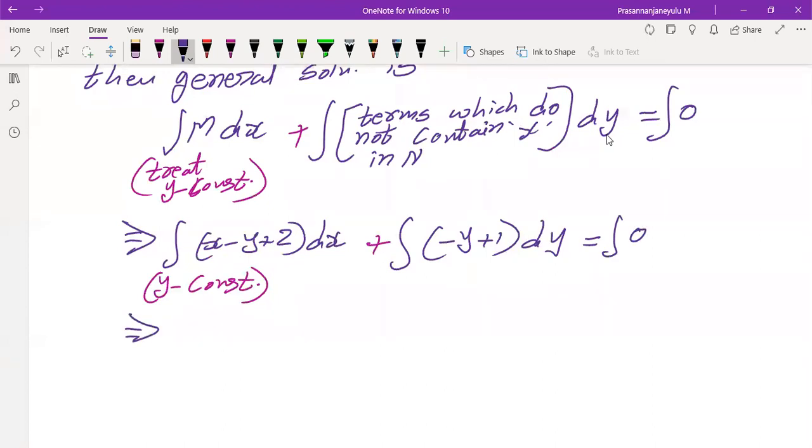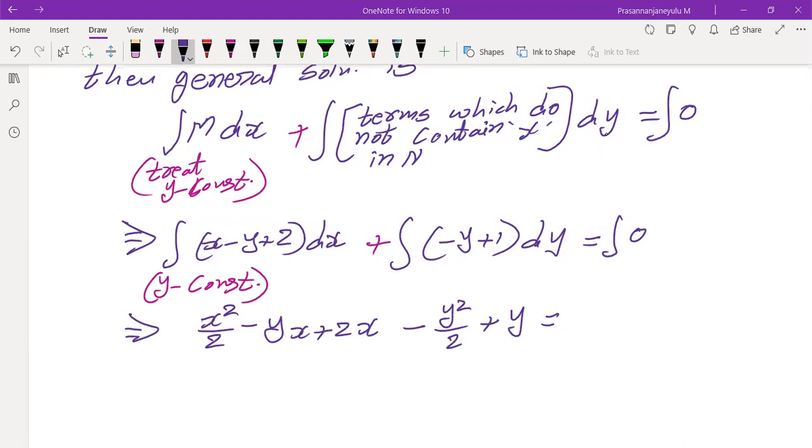That implies integration of x dx is x square by 2, minus y is constant. We mentioned y constant in the first term of the integration. Integration of 1 into dx is x, plus 2 into integration of dx is x, minus integration of y dy is y square by 2, plus integration of 1 into dy is y, equals. Is the left hand side integration completed?